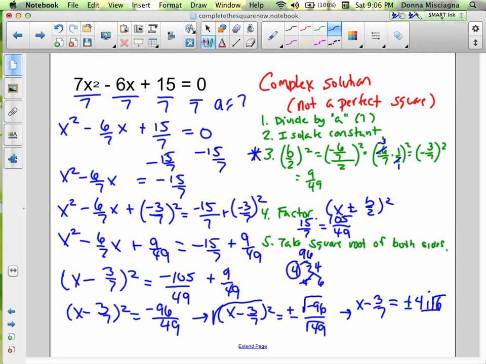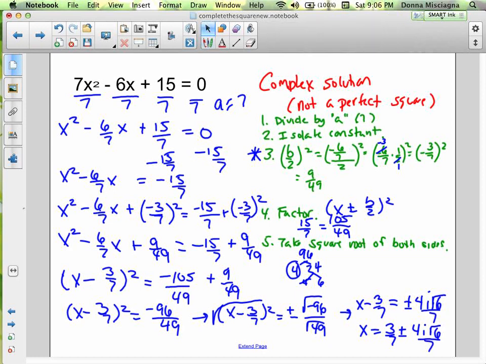And that's divided by 7. So final answer, we'll add 3 sevenths to both sides. x equals 3 sevenths plus or minus 4i square roots of 6 divided by 7. And we're done. That's it with this problem.